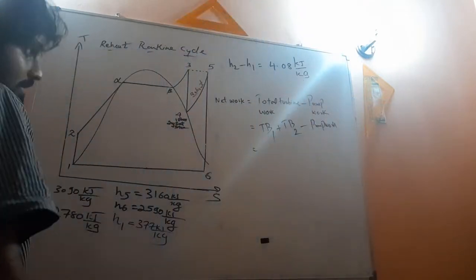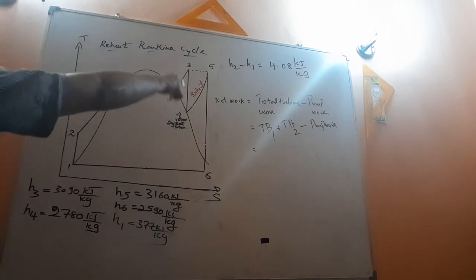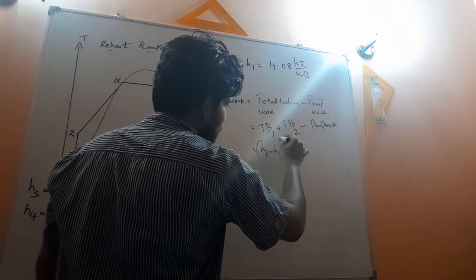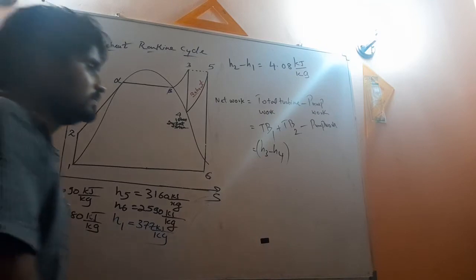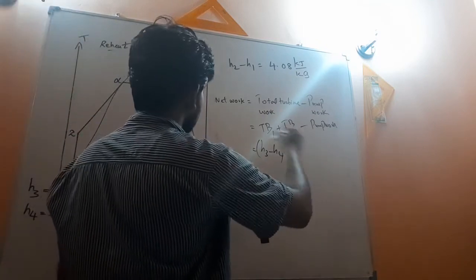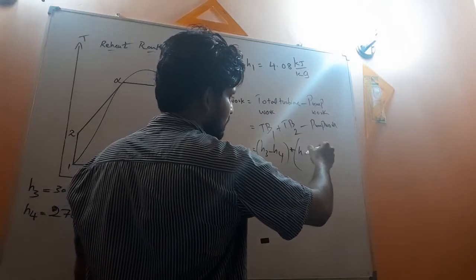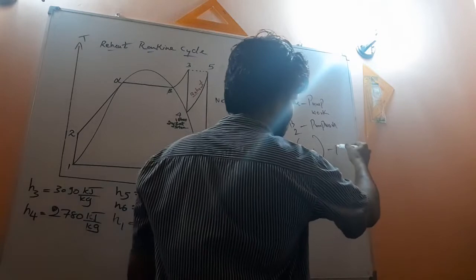What is the turbine work of the first, high pressure turbine? H3 minus H4. What is the turbine work of the second turbine? H5 minus H6, minus the pump work.